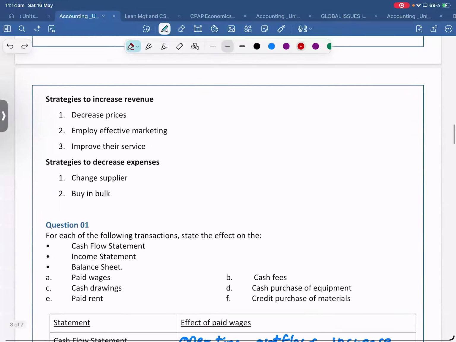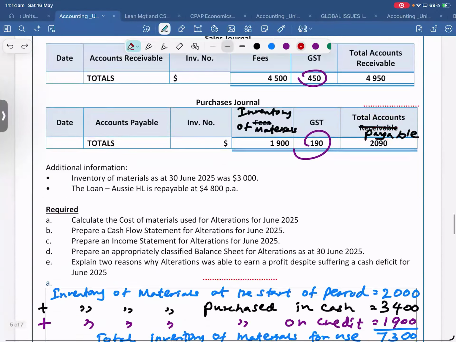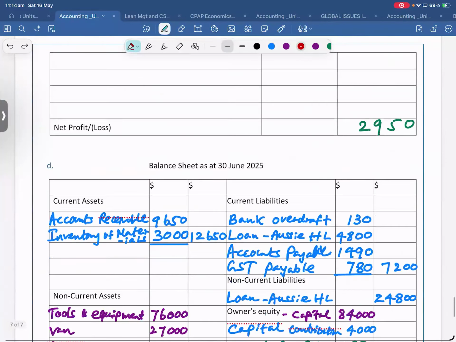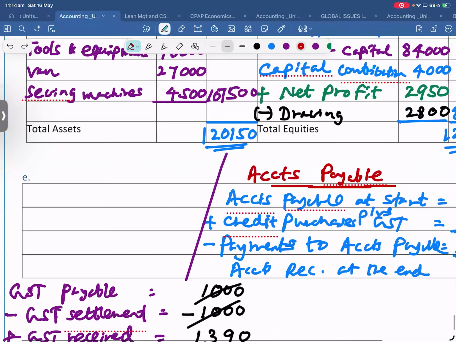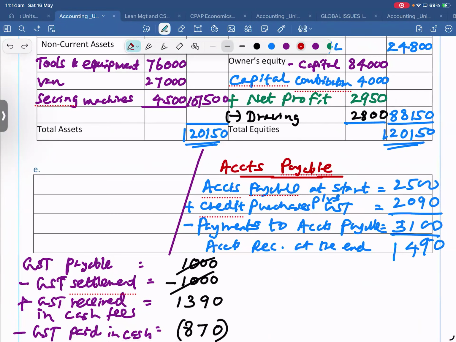Okay, now I'll give you the answer straight for part E. I can give you actually many, but I'll say at this point: number one, purchasing sewing machines.